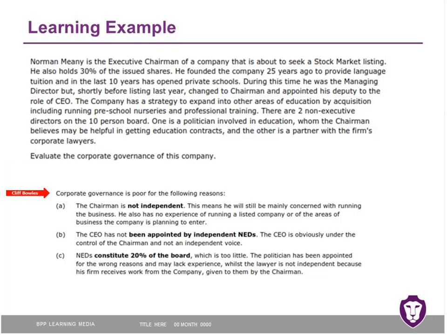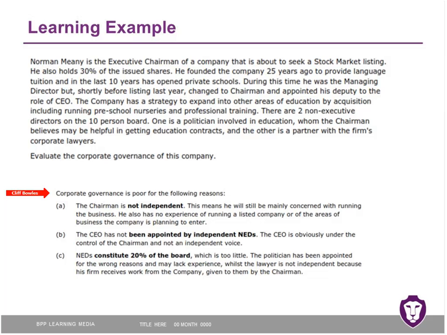And if you look at, for example, Harvey Norman's annual report, this could seem like Jerry Harvey. He owns 30% of Harvey Norman. He's the chairman. Is he independent? No. But he's the chairman. In this case, it's not good corporate governance. He's still going to be interested in that. He's got no experience in this case of running a listed company. And so that's one reason why corporate governance is poor.